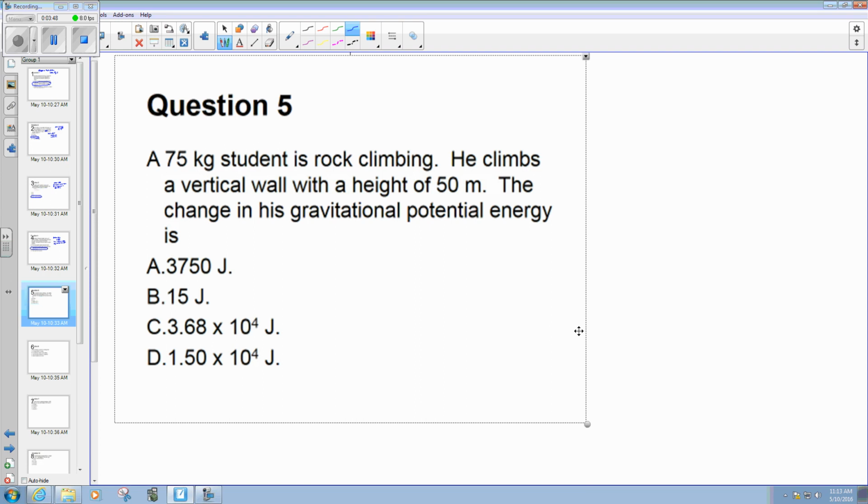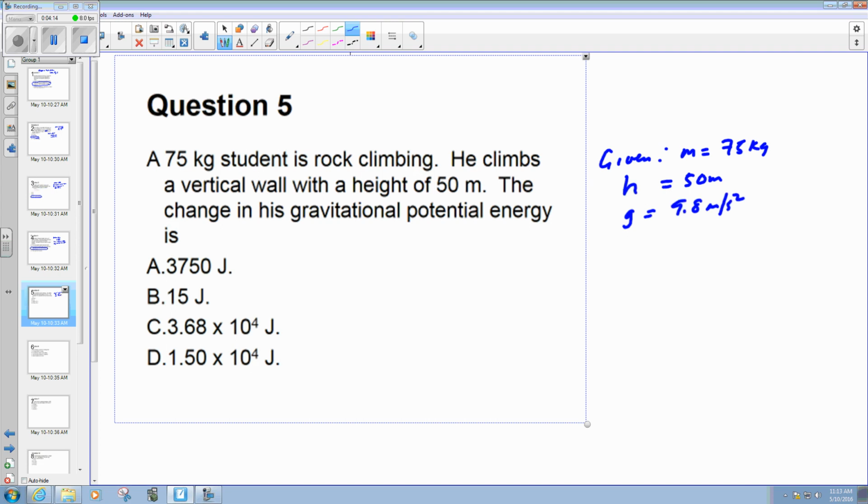Question number 5 is very similar. We are given the mass of the student, which is 75 kilograms. We are given the height, which is 50 meters. And we know, of course, that g is 9.8 meters per second squared.